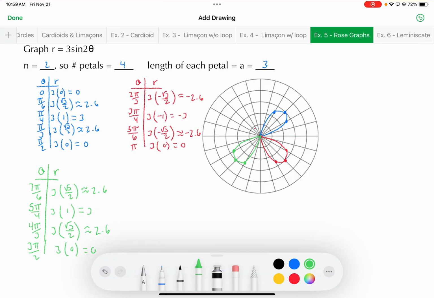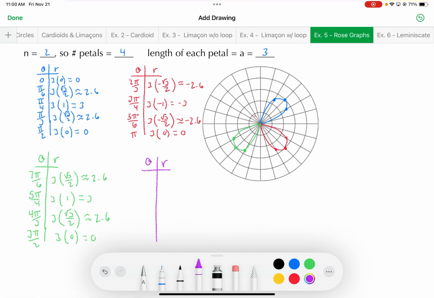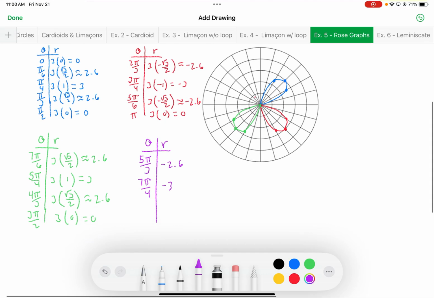Okay, so there's the third petal, and now we'll finish off the fourth petal with fourth quadrant angles. And we're going to see this behave similarly to the points that were in red there. So if I use 5 pi over 3, let me just jump to it. This is going to give me negative 2.6. 7 pi over 4 is going to give me negative 3. 11 pi over 6, that's going to give me negative 2.6.